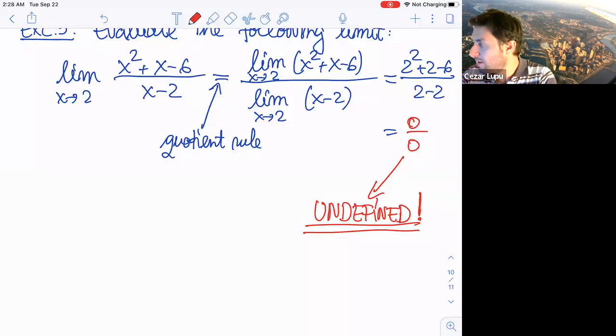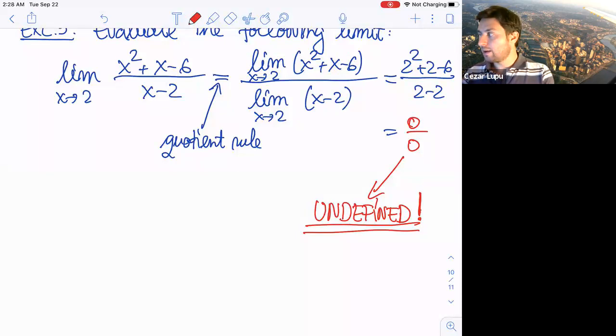So we need to come up with something else, maybe something smarter. Well, what is the main impediment here? What is the main problem, the main obstruction that doesn't allow us to get the limit? Well, since I have a fraction, maybe I could simplify it a bit more.